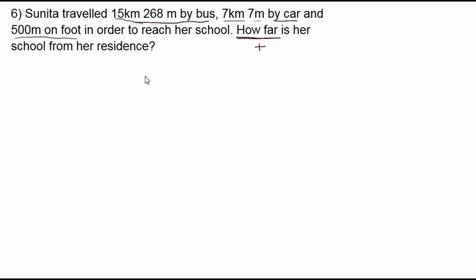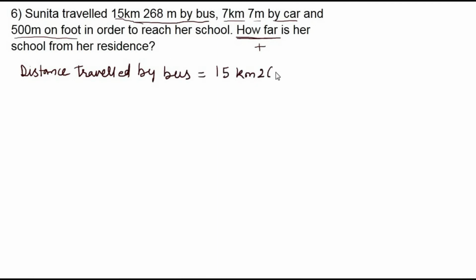So what do we need to do? We need to add all the distances travelled by Sunita. So let's write down the statements for this question. The first statement is distance travelled by bus, that is equal to 15 km 268 meter.